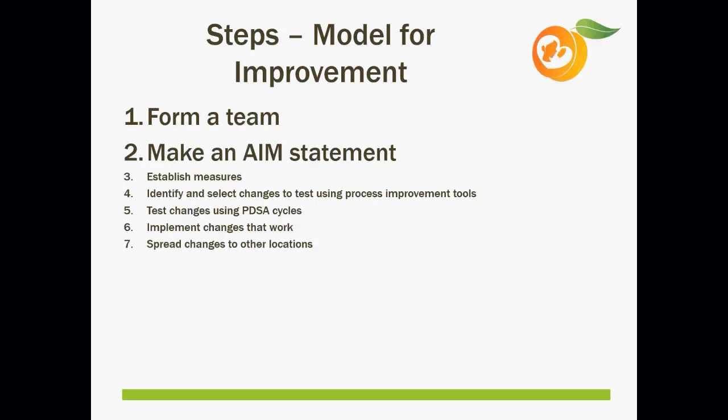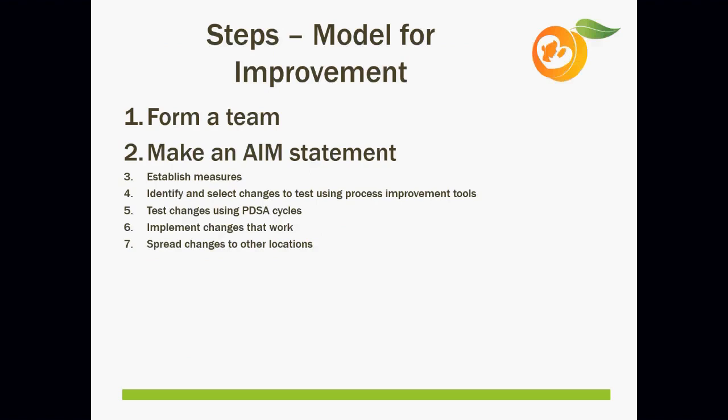Now, these are the 7 steps for this model for improvement, and I'm going to focus today only on the first 2, forming a team and making an aim statement, and we'll work our way through the next 5 as we go along. So forming a team, I think we've discussed this before, and hopefully everyone has your teams in place or are at least working on having them in place, and make sure all of you communicate this to Katie.